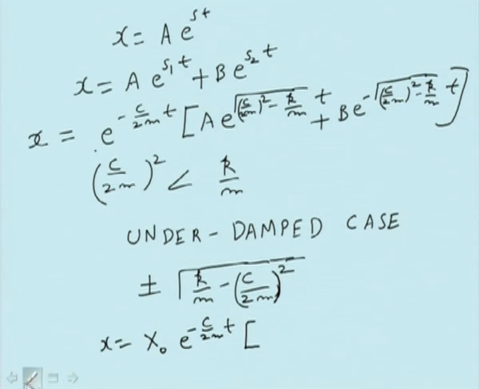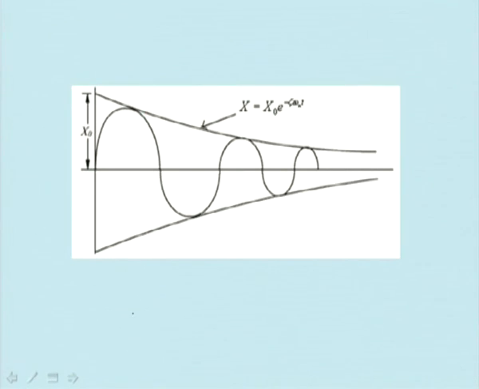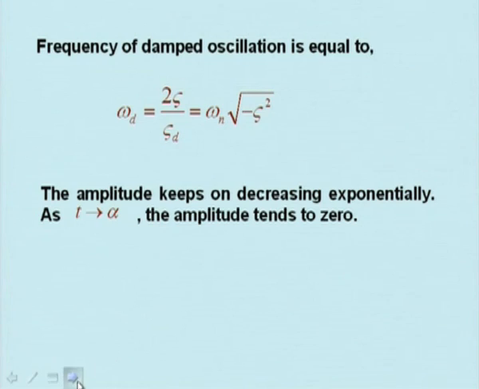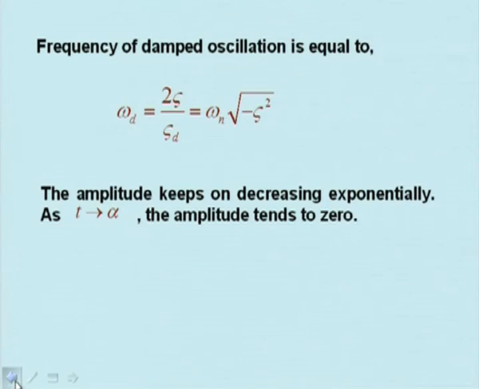I am not writing that term. So x is basically x0 e to the power minus zeta omega n into t.